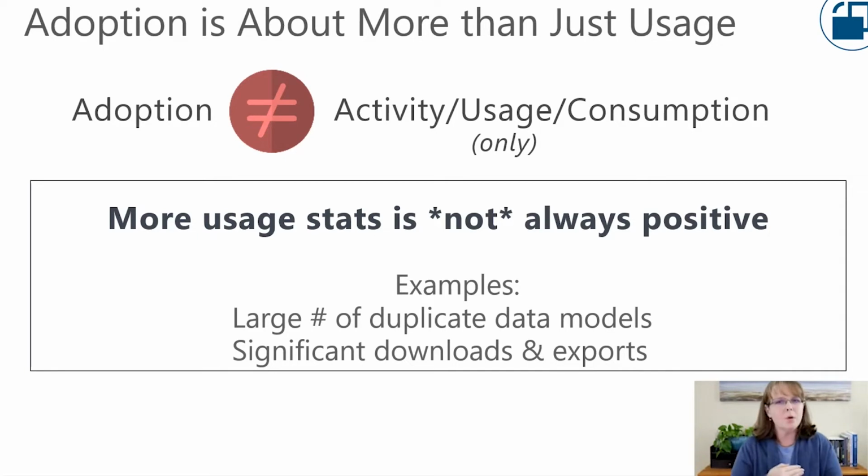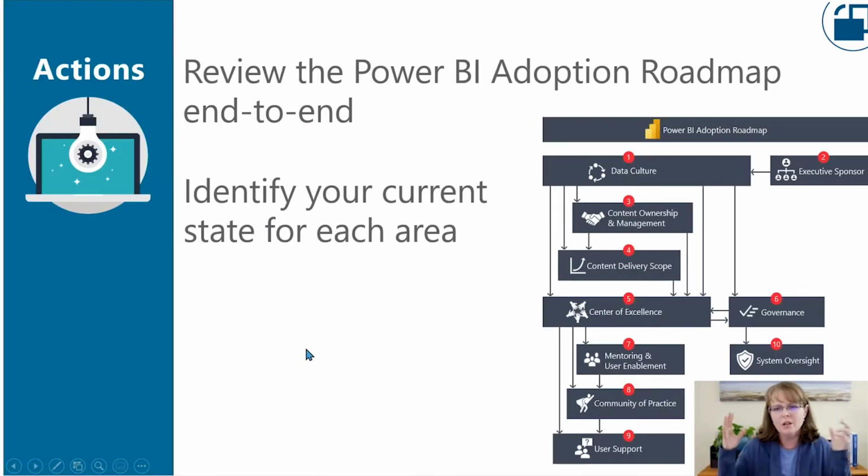Or maybe we're saying, yeah, we produced a bunch of reports, but all anybody's doing is a lot of downloads and a lot of exports. They're not using the system in the way in which it was intended. And that's the kind of thing that we really start driving with thinking about all of these things in the Power BI adoption roadmap. So we're going to conclude each section with a couple of suggested actions.